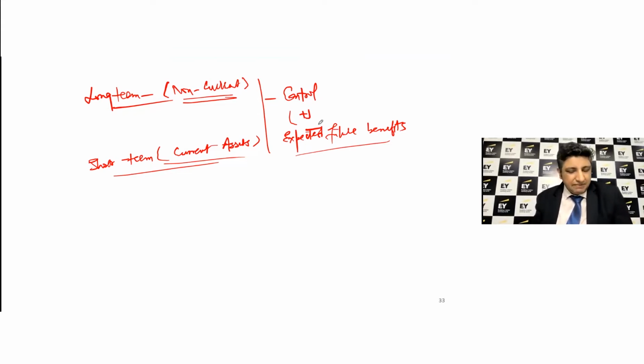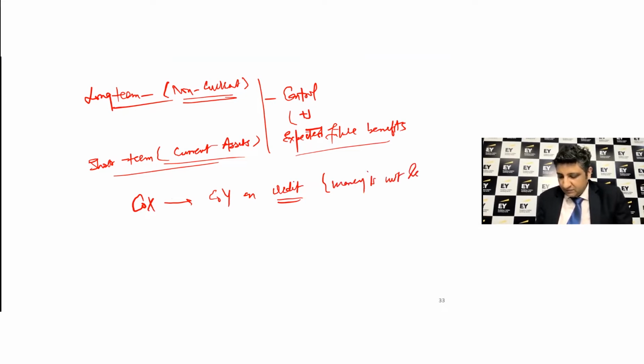The simplest example I can think of is company X selling goods to company Y on credit, but it knows at the time of sale that the money is not recoverable. Essentially, you don't have the freedom to show a receivable in the books.